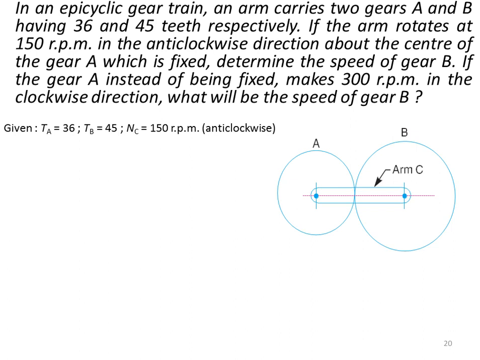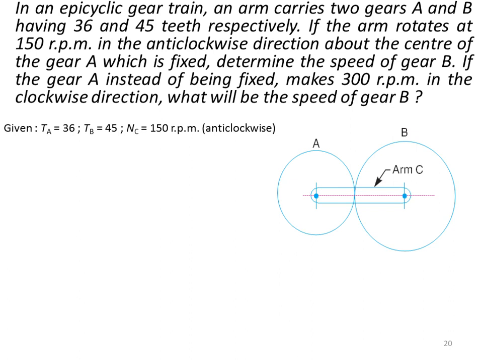If the arm rotates at 150 rpm in the anti-clockwise direction about the center of gear A, which is fixed, determine the speed of gear B. And if gear A, instead of being fixed, makes 300 rpm in the clockwise direction, what will be the speed of gear B?